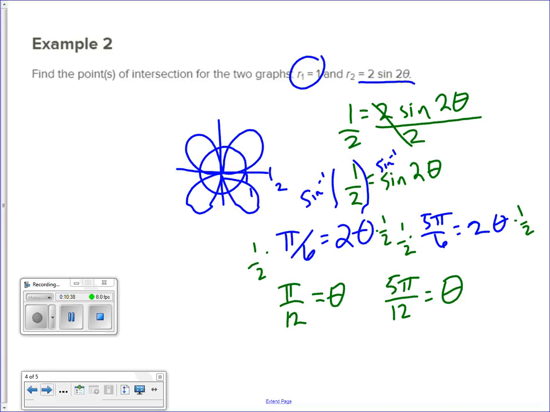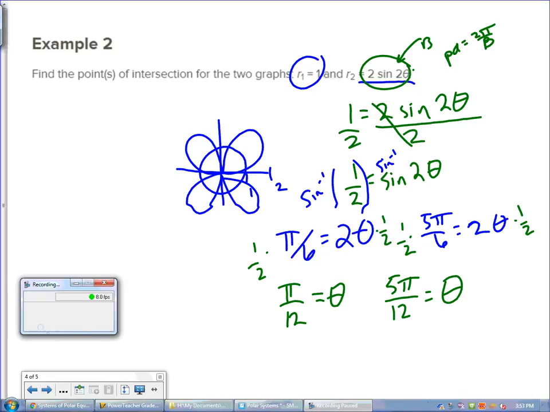So if we were going to graph 2 sine 2 theta, this is our b value, and remember the period is 2 pi over b. So that graph has a period of pi, which means that on the domain from 0 to 2 pi, it repeats twice.